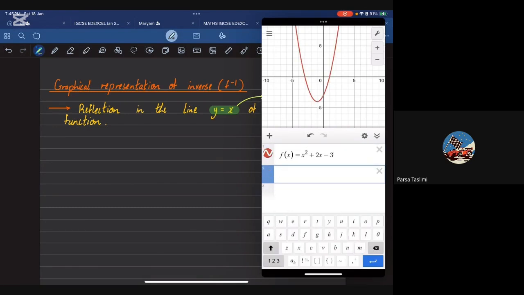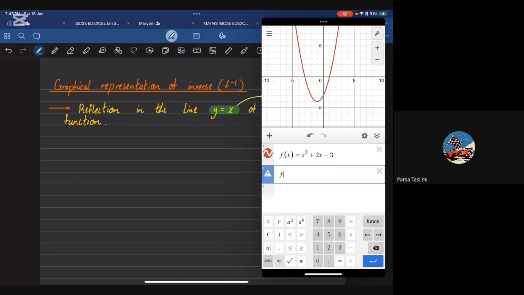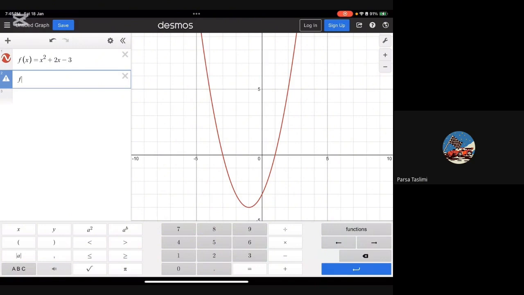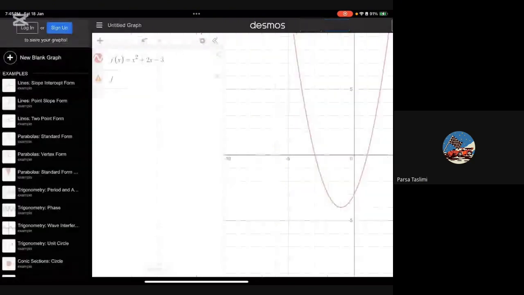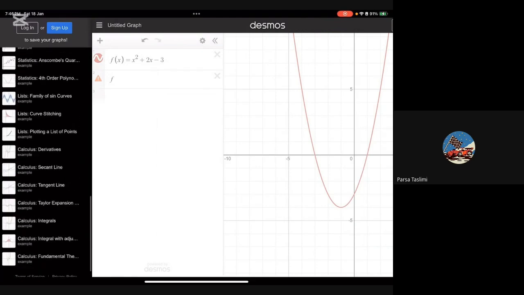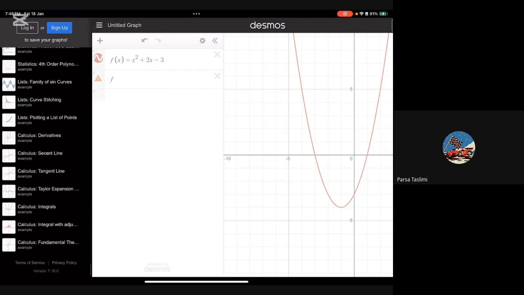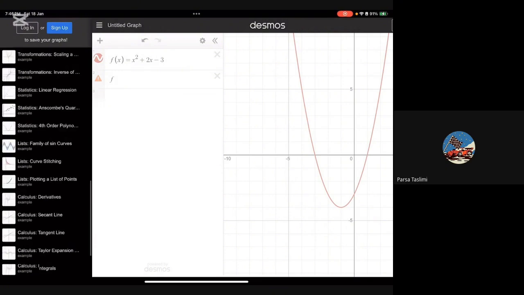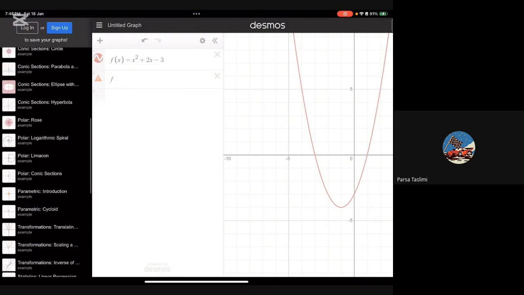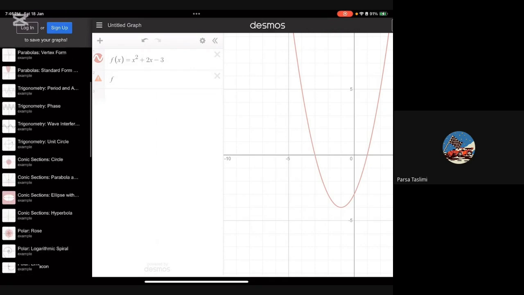Now, hopefully, there should be a way to write down the inverse, shouldn't it? Can I get an inverse graph? Hmm, there should be. Calculus, no, stats, no, parametric, polar.